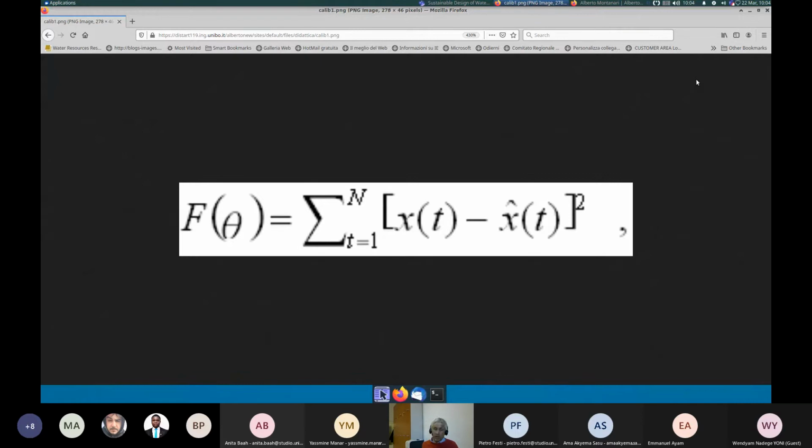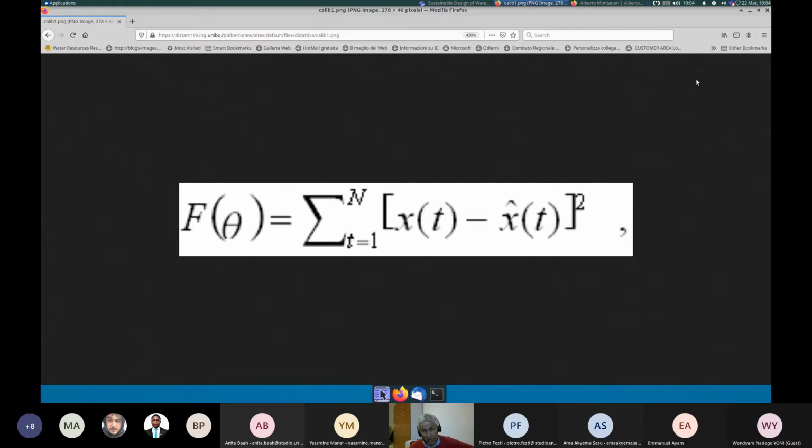Good. So F of theta is the objective function. For each theta value, for each parameter value, I get a different objective function. And the larger the F, the larger the error. If F is 0, the model is perfect. This is very intuitive. And this is the sum of squares.